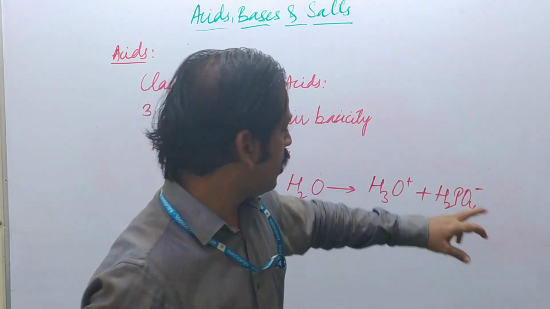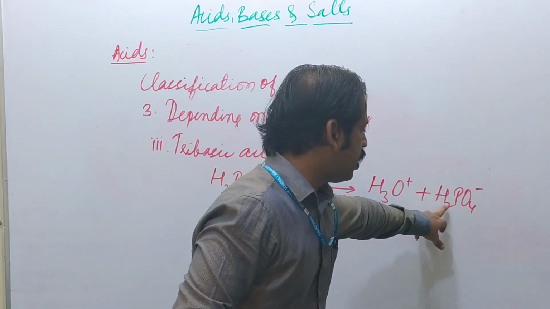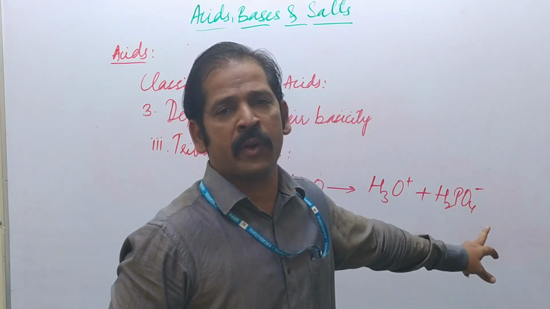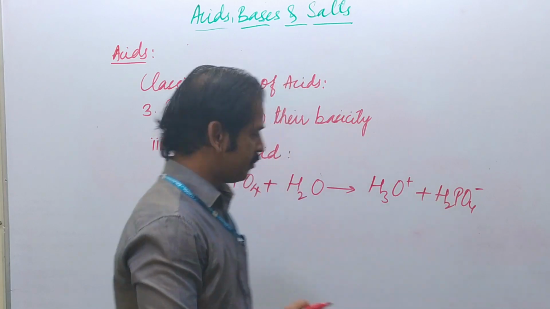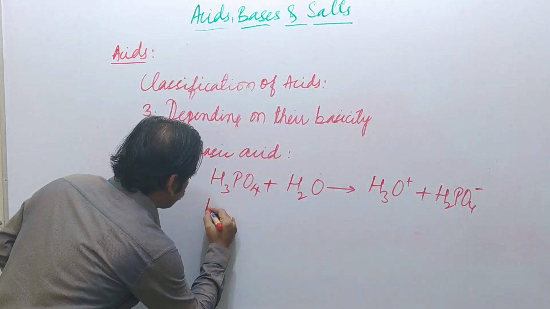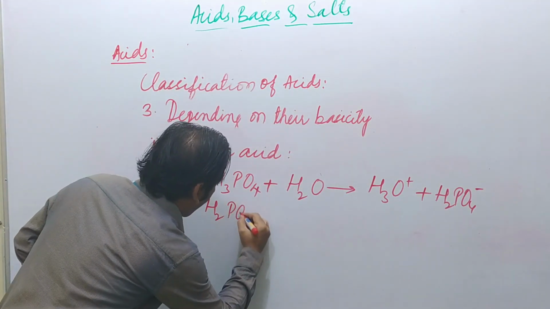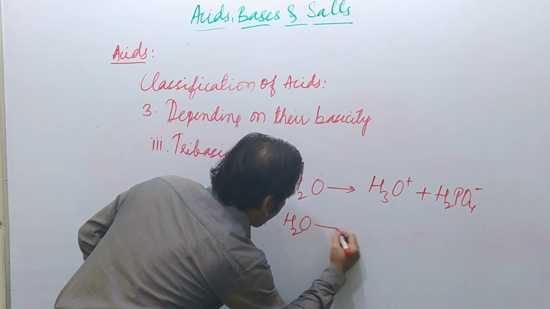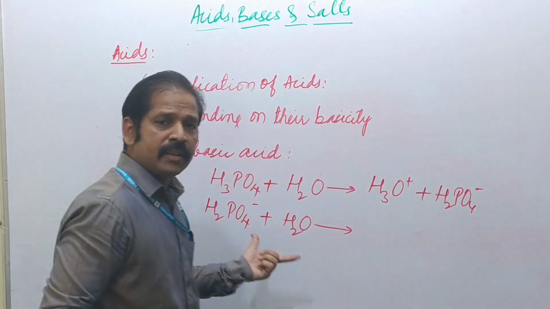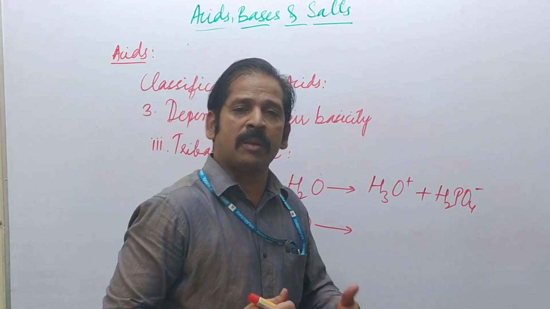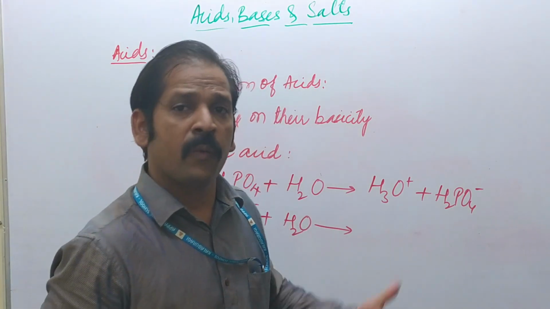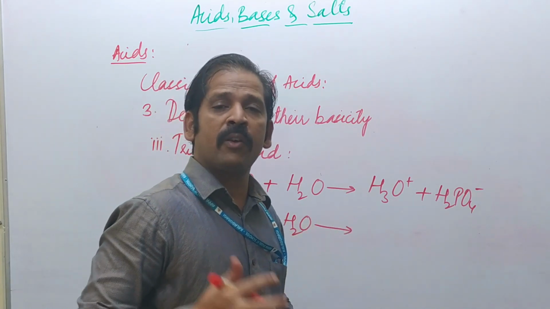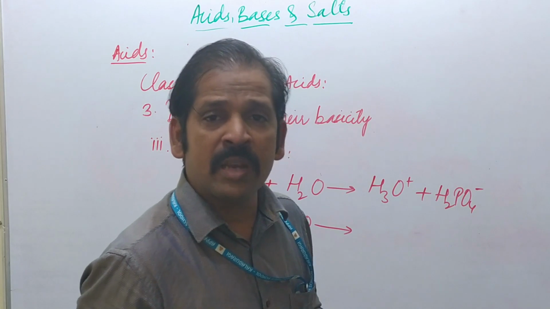Now what happened? Here in H2PO4, still 2 more hydrogens remained. We have to remove these 2 hydrogens. Next step. Yes, it is a second reaction because we have to remove each hydrogen step by step from that acid. Then only we are going to get 3 hydronium ions.